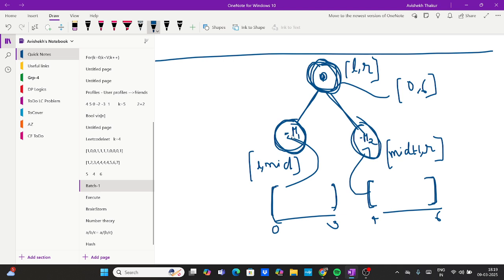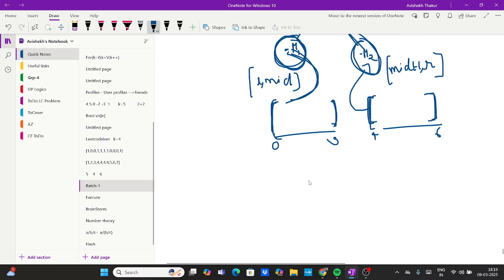If for this array M1 is the max sum and for the other array M2 is the maximum sum, then for this node, one of the answers will be, I mean there is this chance, max of M1 comma M2. So that is one possibility.